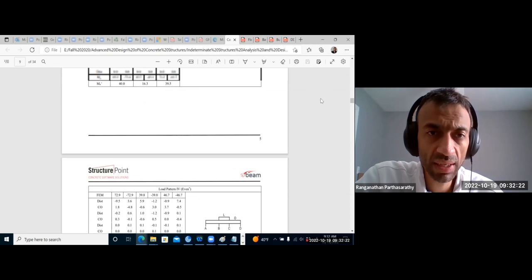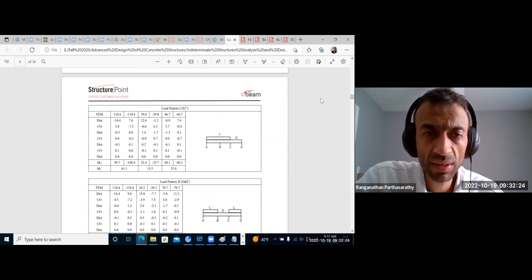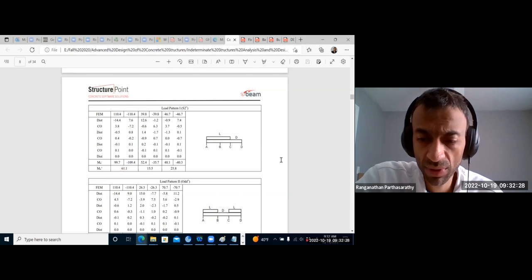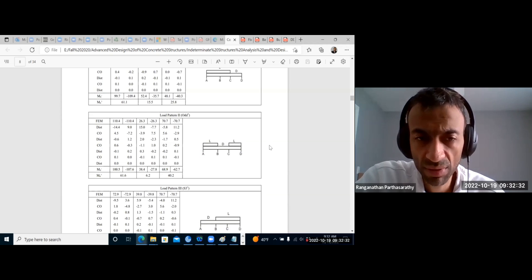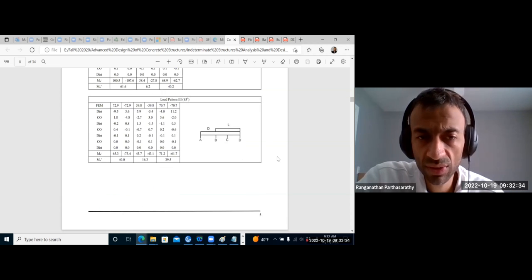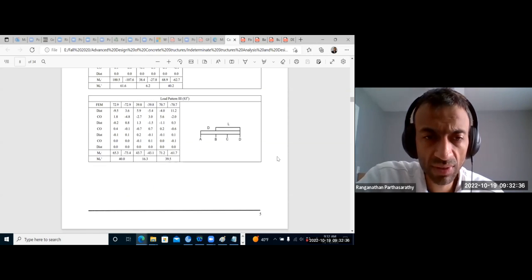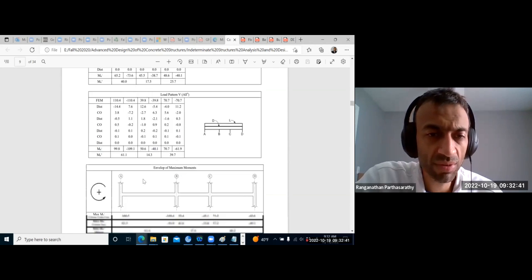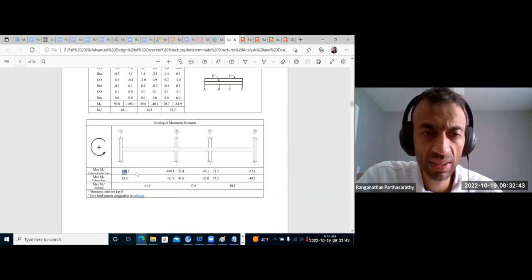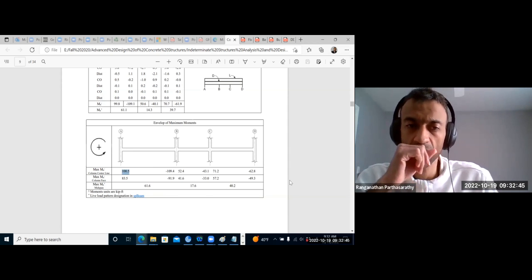For support A, load pattern 1 gave us negative 99.7. Load pattern 2, positive 100.5. 3 gives us 65.3. 4 gives us 65.99. So maximum is 100.5, so we take 100.5. Is it clear?